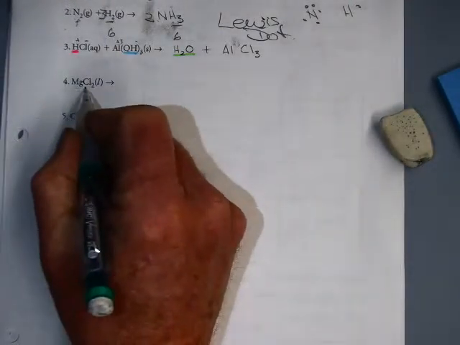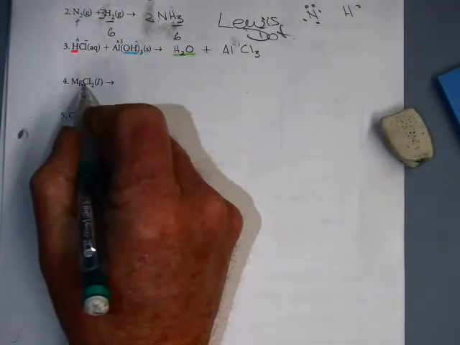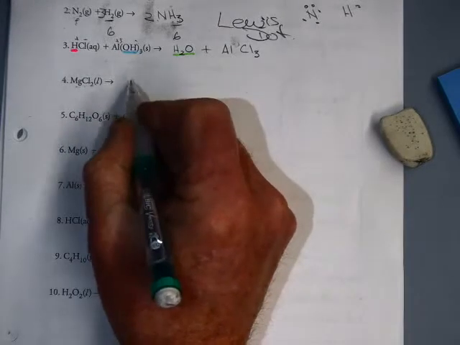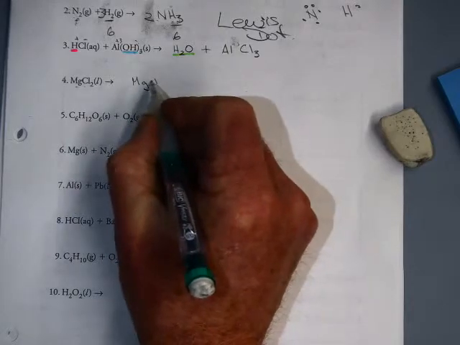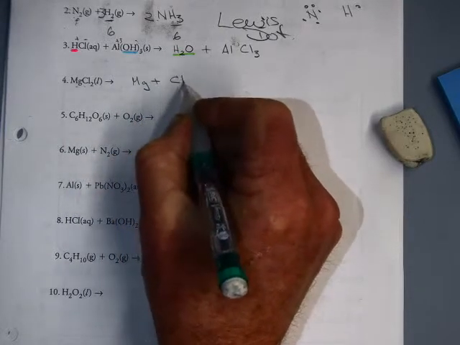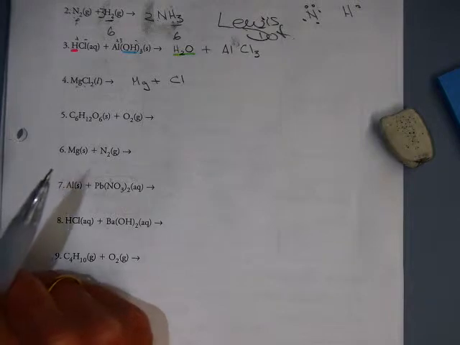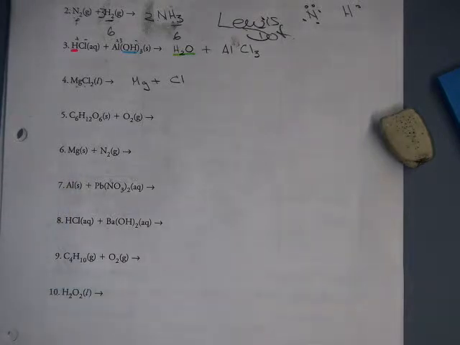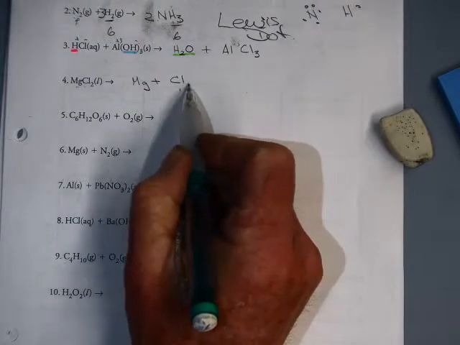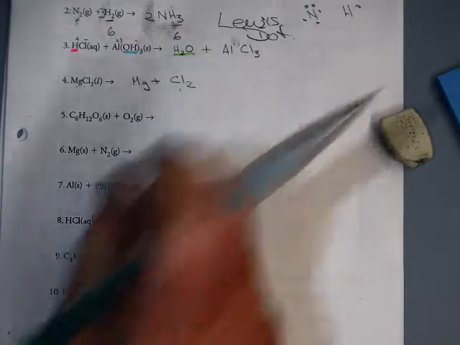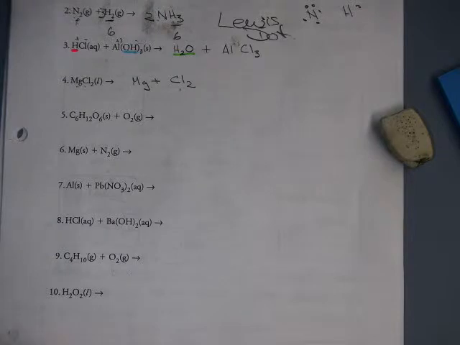So we know that this is going to split apart into 2 things: magnesium and chlorine. Now we don't even have to do anything with this. Why? Because we know that chlorine in its elemental form is always diatomic. It's already balanced. There's nothing to do. Okay?